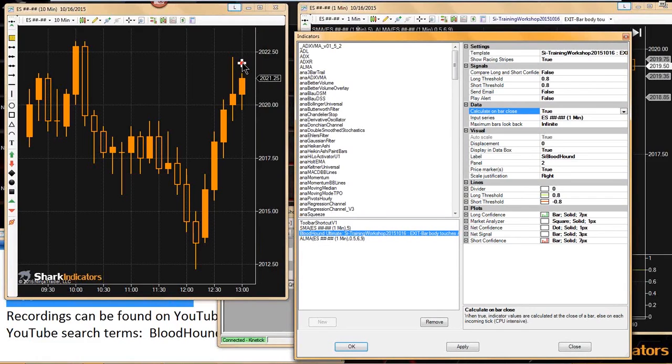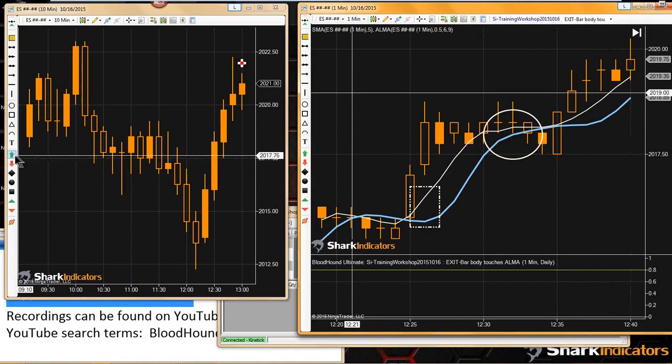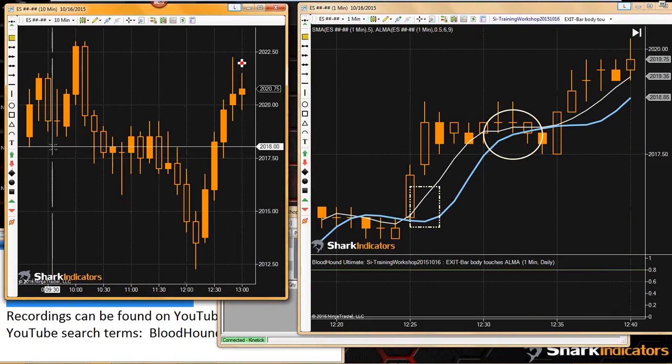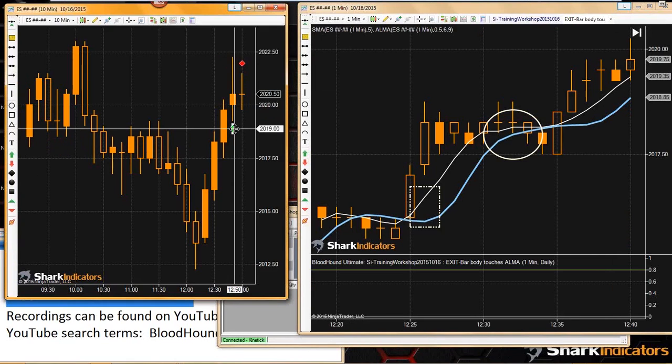In other words, NinjaTrader will give you the closing price of the bar that's closed, but it will not give you any price data on the bar that's building.